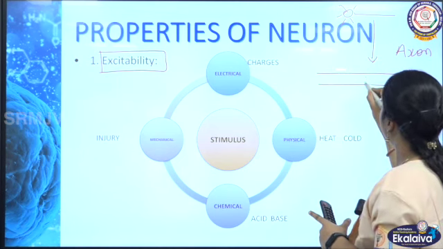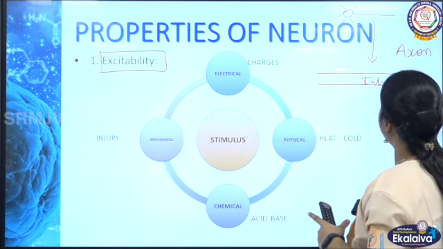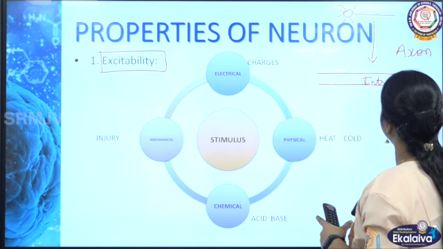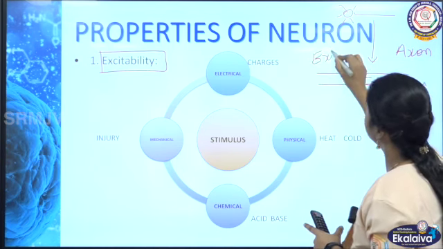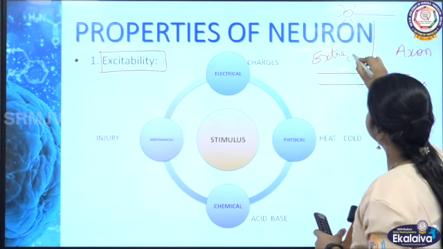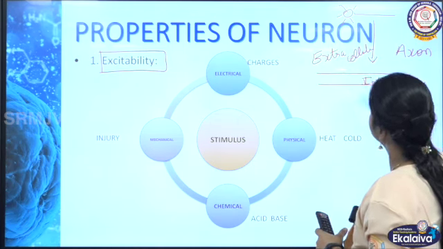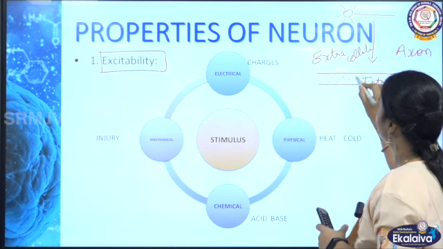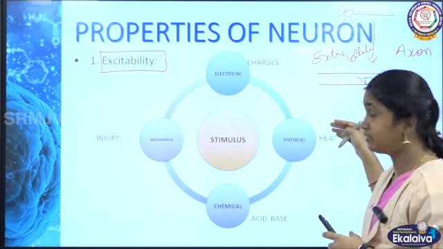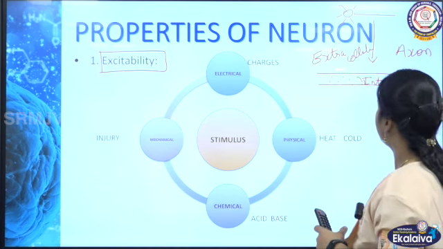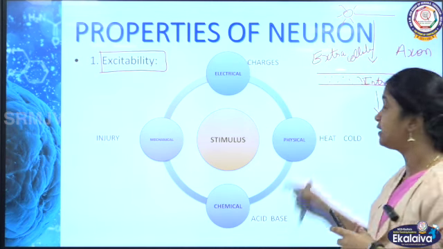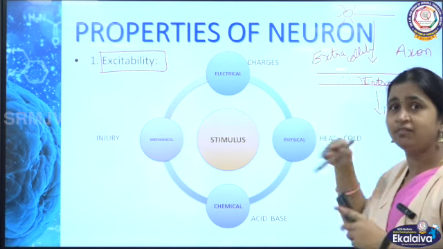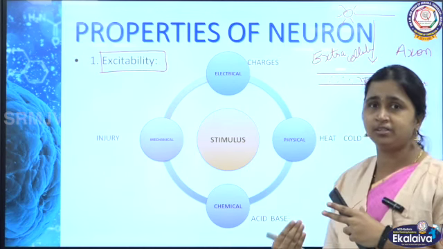This inner part you call intracellular. Outer part you call extracellular. Okay, and then here it consists of some substance that we are going to see. So, this structure we are going to see in detail in the next slide, how it is going to conduct the impulse. This part is very important, which is extracellular and which is intracellular.